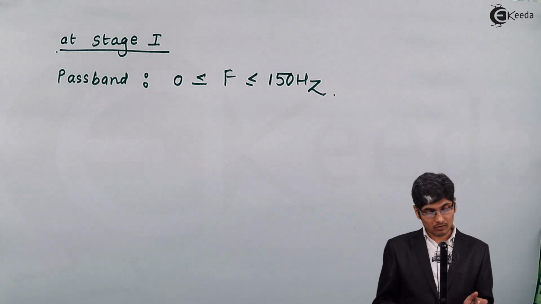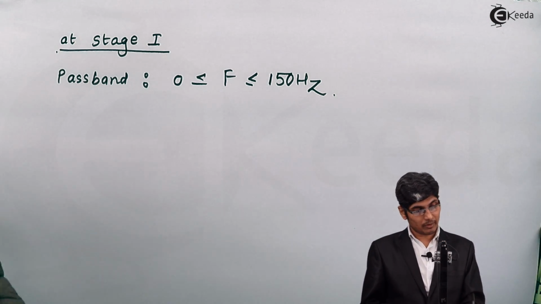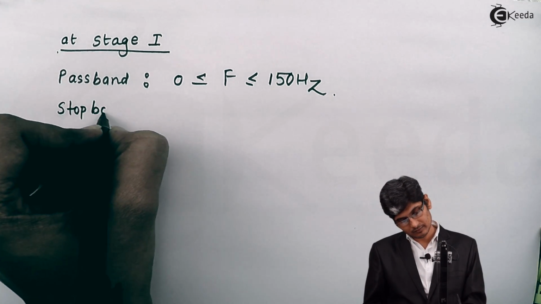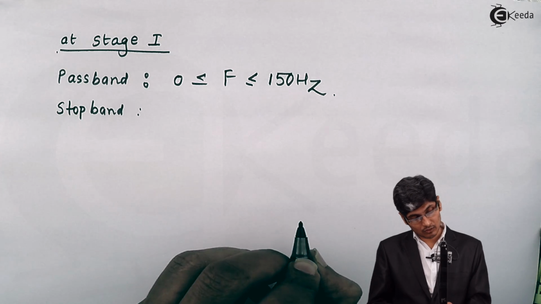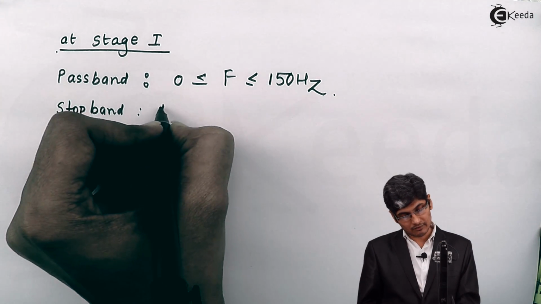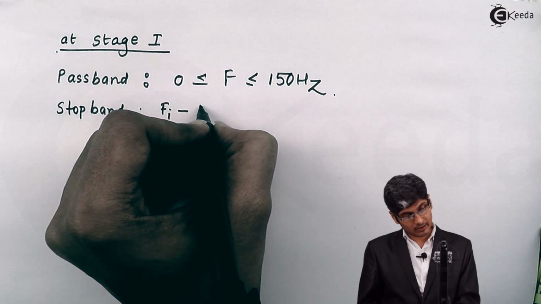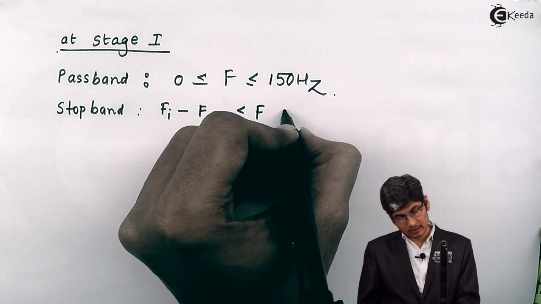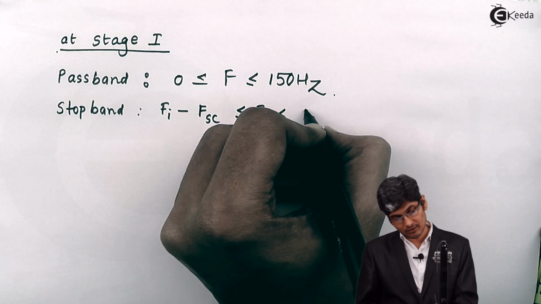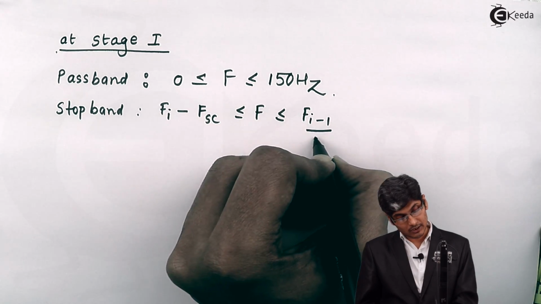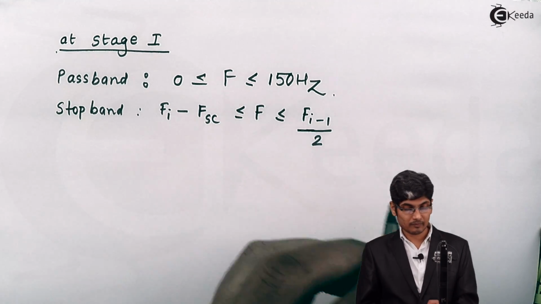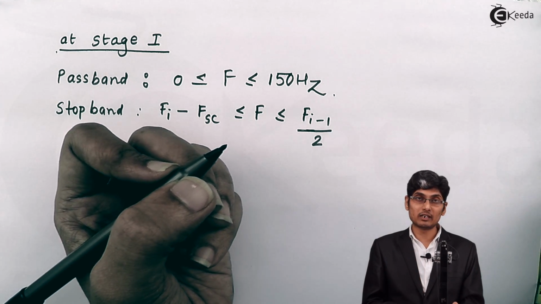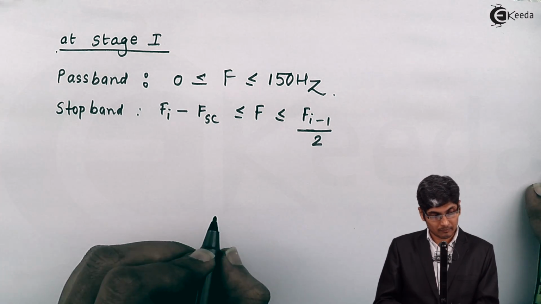So what will the stopband be? The stopband edge will be Fi minus Fsc less than or equal to F less than or equal to Fi minus 1 by 2, where i minus 1 is in the suffix part, not the main part.